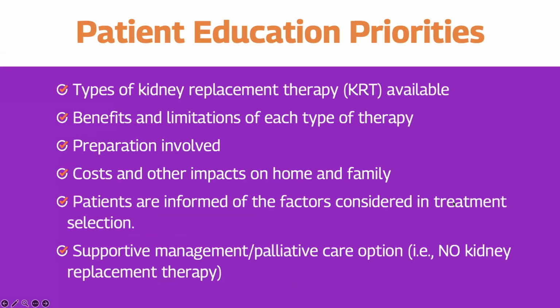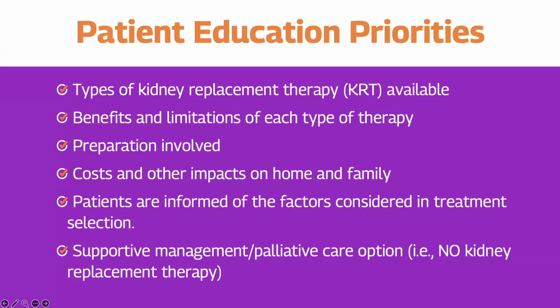So patient education is definitely a priority because early choice of an appropriate kidney replacement therapy and the creation of a dialysis access is going to help prevent the need for urgent dialysis and patient hospitalization.